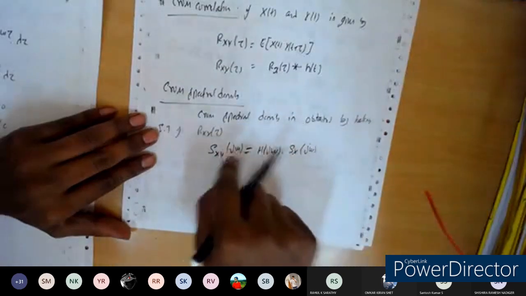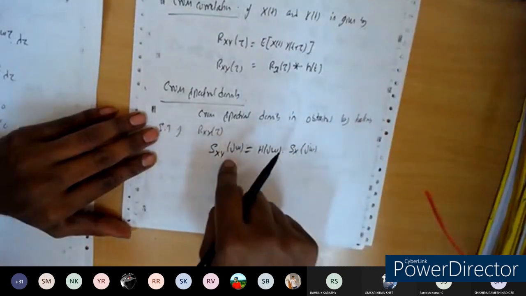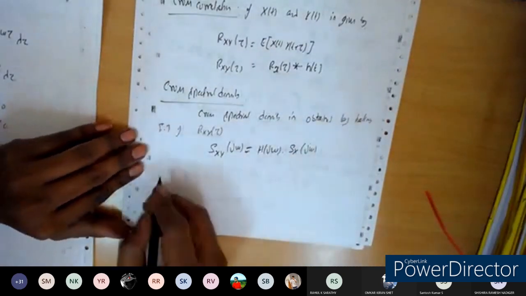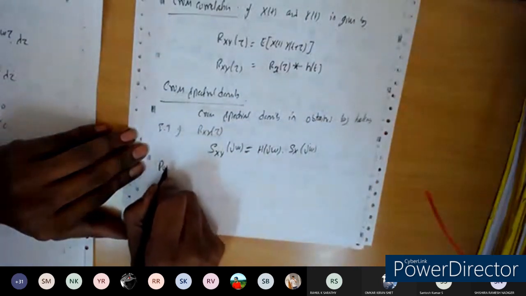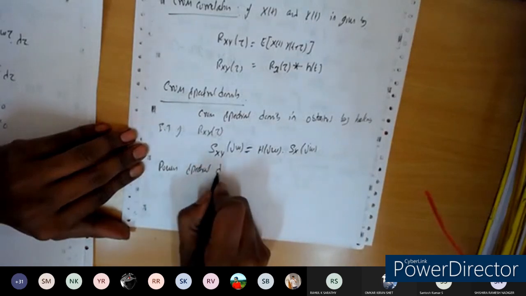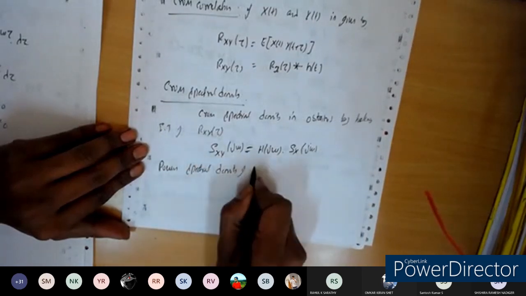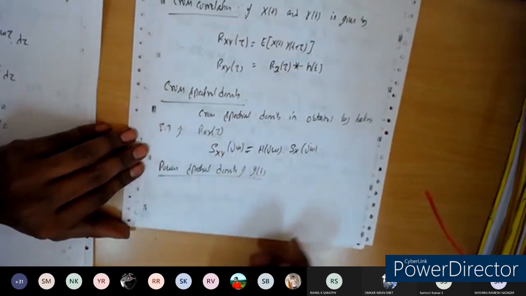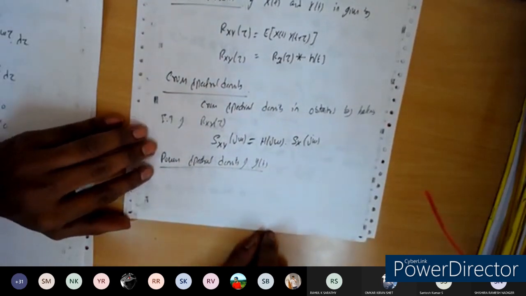Similarly, let us find out the power spectral density of y of t.